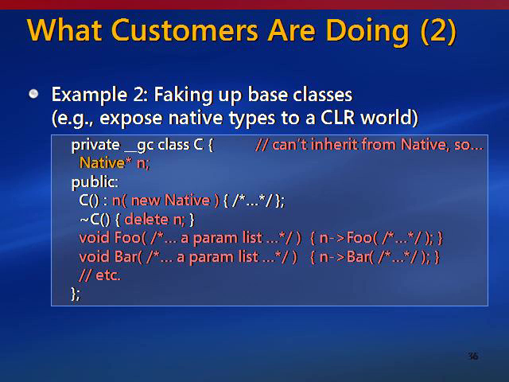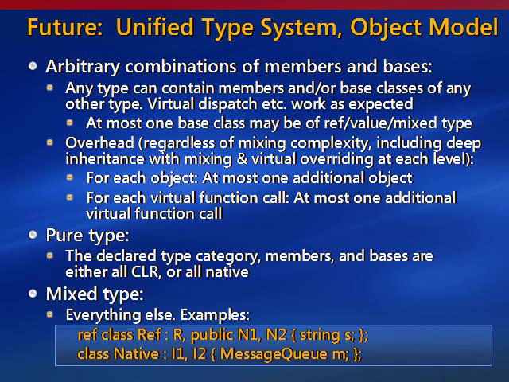You just have to write a lot of code that's kind of verbatim. So in this example, we're just simulating inheritance by taking the foo and bar functions that are in the native class and just repeating that API and directing that off. And so we think that's not the right way to write code.